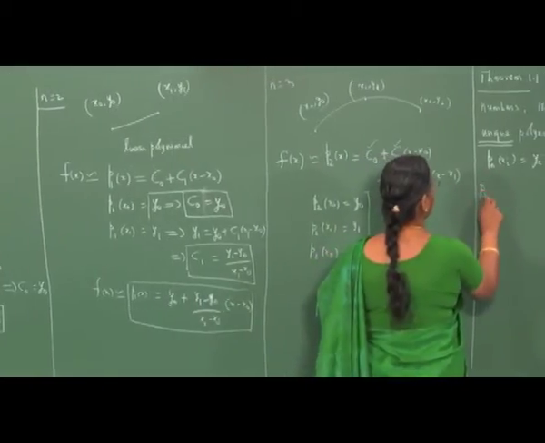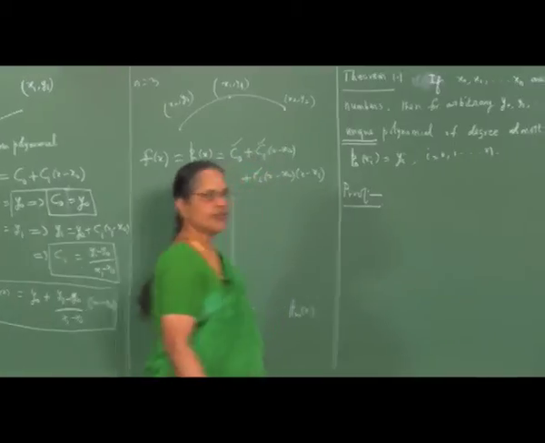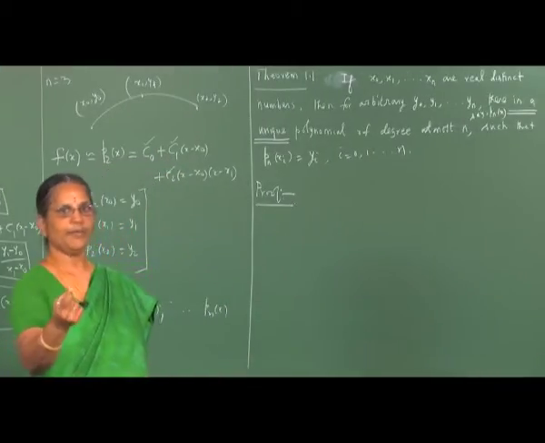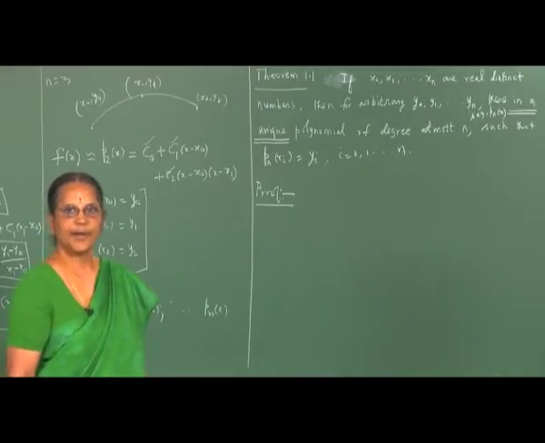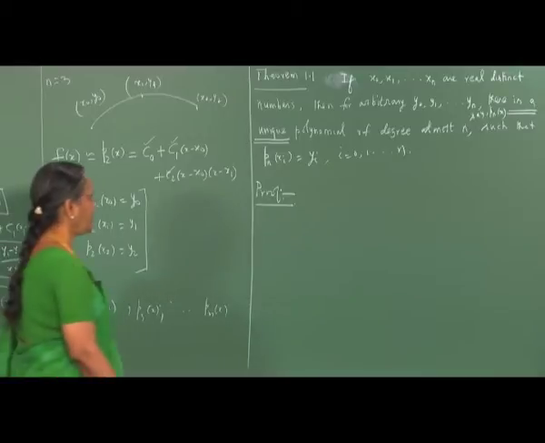Let us prove the uniqueness part. So, we want to show that there is a unique polynomial, one and only one polynomial that has this property that interpolates the set of discrete data points.